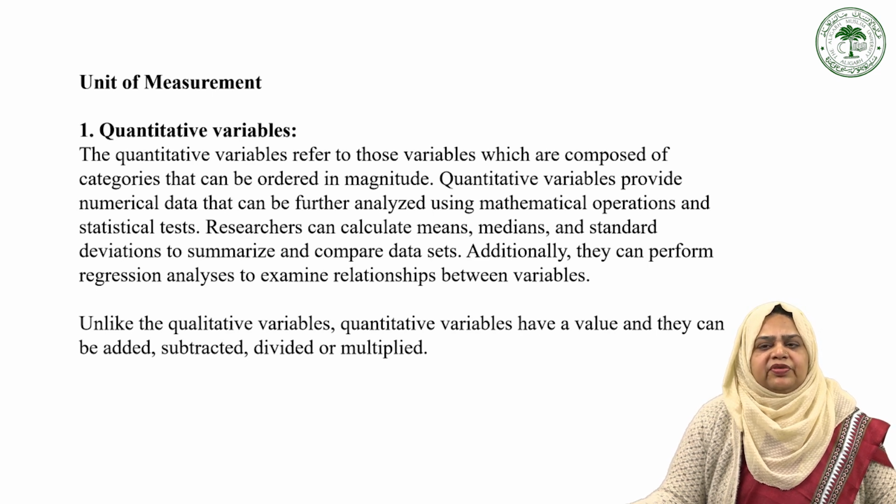These variables provide us with numerical data that can be analyzed using mathematical and statistical methods. By examining these variables, we can determine various measures such as means, medians, and standard deviations. Additionally, we can explore potential relationships between different variables through regression analysis.